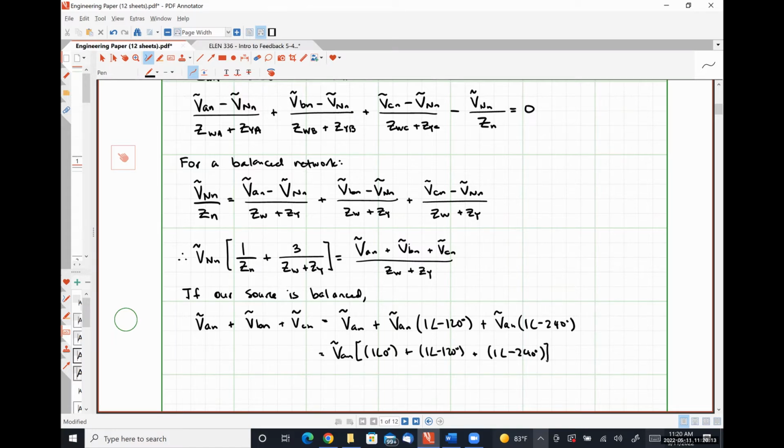So I'd like for you guys, who've got your calculators out, to do me a favor here real quick and figure out what this factor that's multiplying VAN comes out to be. Zero, absolutely correct.